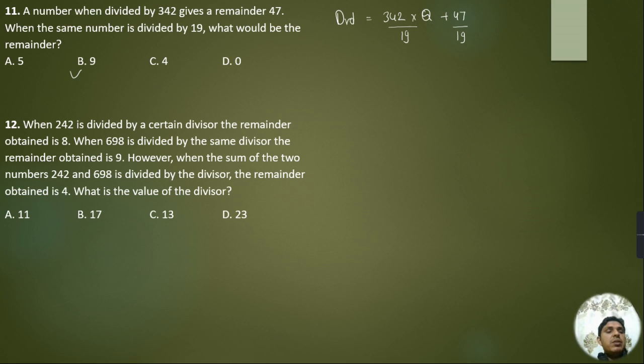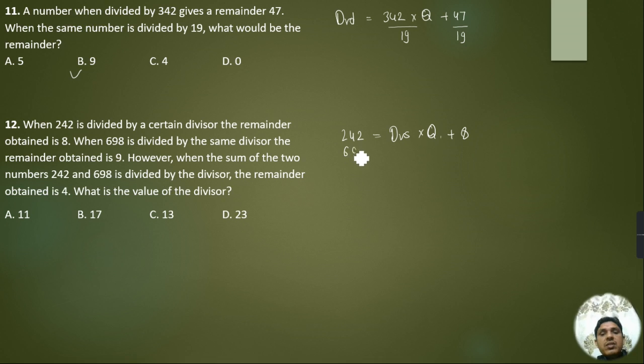Coming to the next question. When 242 is divided by a certain divisor, the remainder obtained is 8. Let us take the quotient as q.